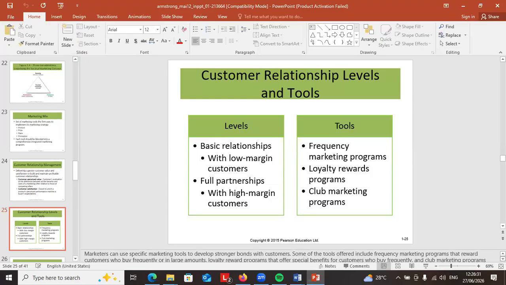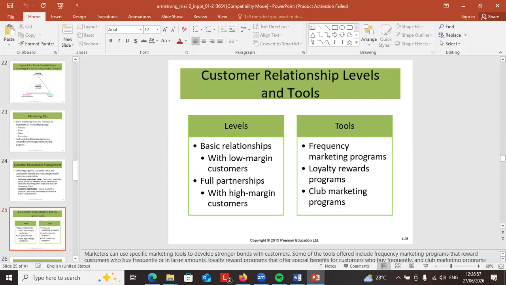Now, marketers can use specific marketing tools to develop stronger bonds with customers. Consequently, some of the tools offered include frequency marketing programs that reward customers who buy frequently or in large amounts.